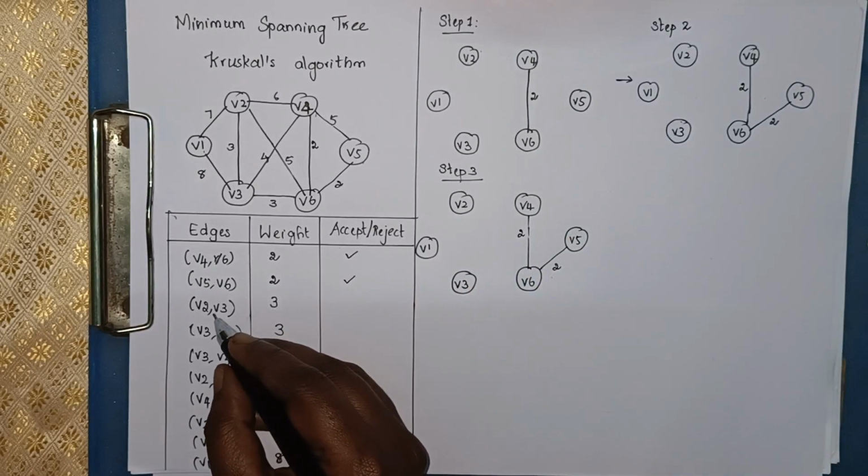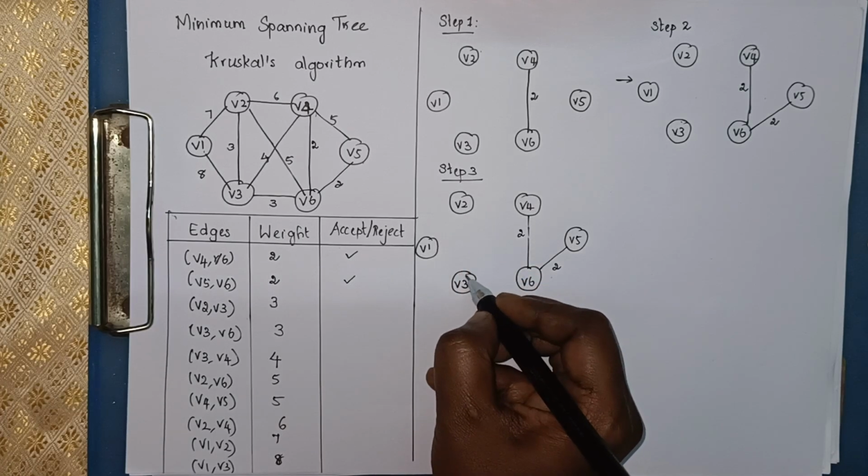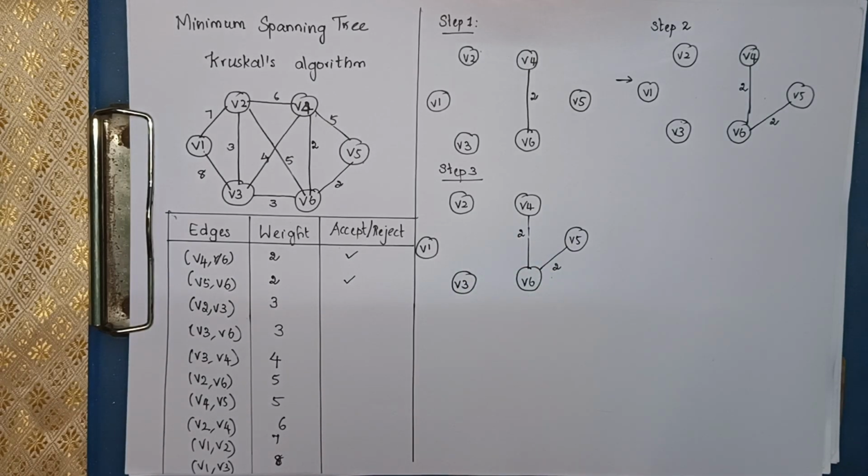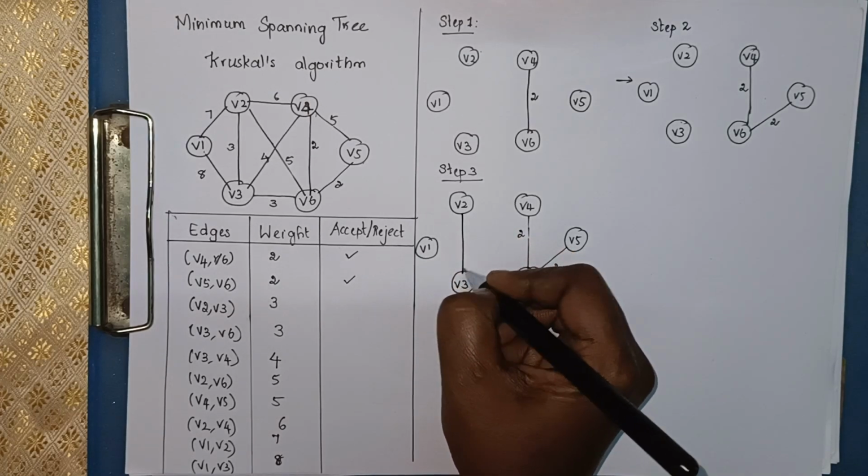Next is step 3, V2 to V3. We draw a line like this, and it's not going to form any cycle. So you draw a line from V2 to V3.